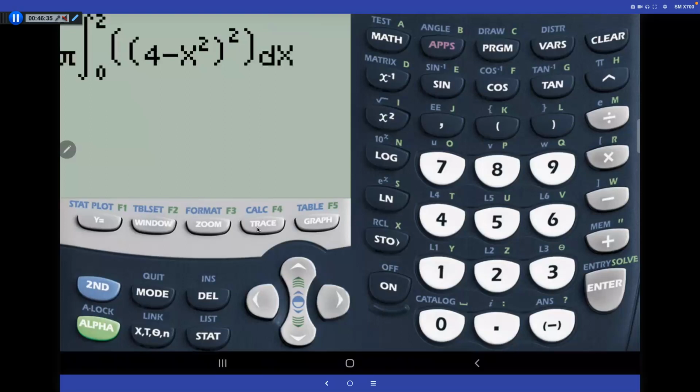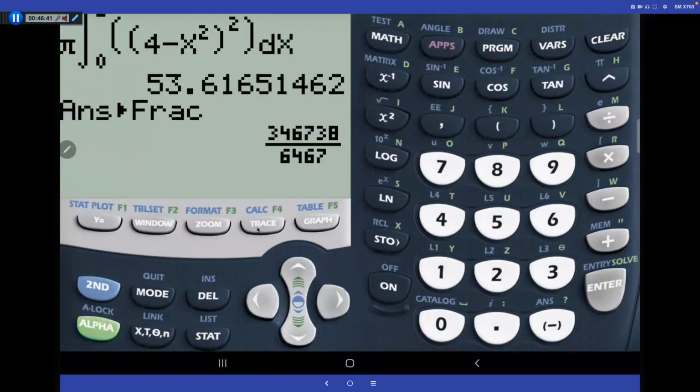But if I go ahead and enter it in with the pi, I get this, but then I try to change it to a fraction. Oh, actually, that's very weird because pi is irrational. It actually shouldn't have been able to change this to a fraction. So this is just an approximation. I'm sure it's a very good approximation, but it's just an approximation.